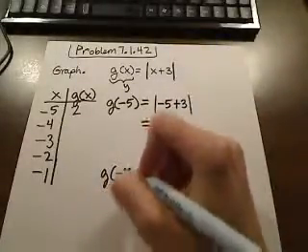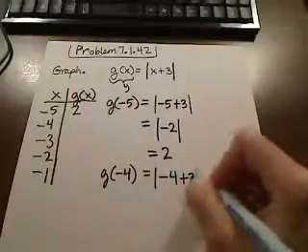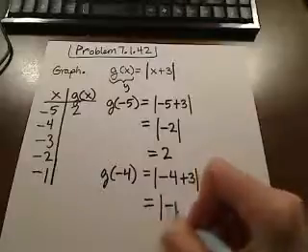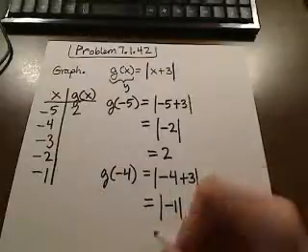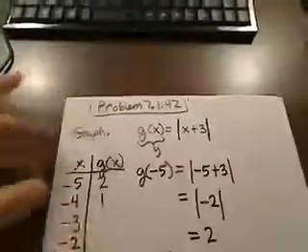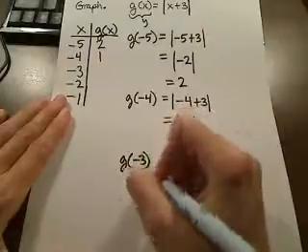Let's go ahead and evaluate g of -4. It's the absolute value of -4 plus 3. And when we take -4 plus 3, we get a -1. The absolute value of a -1 is a +1. And we'll just keep doing this here. G of -3.